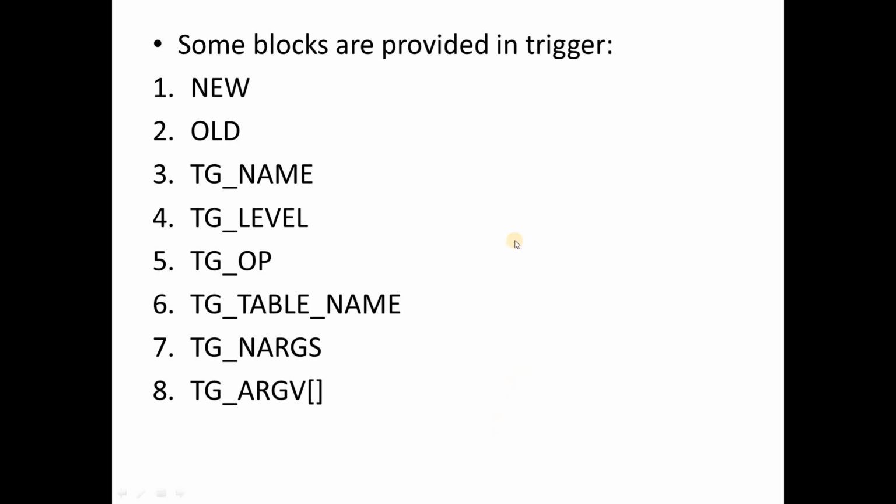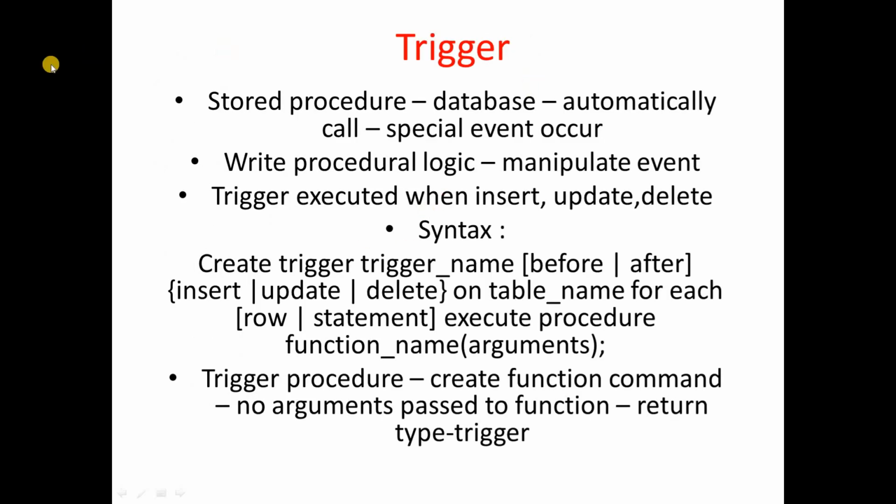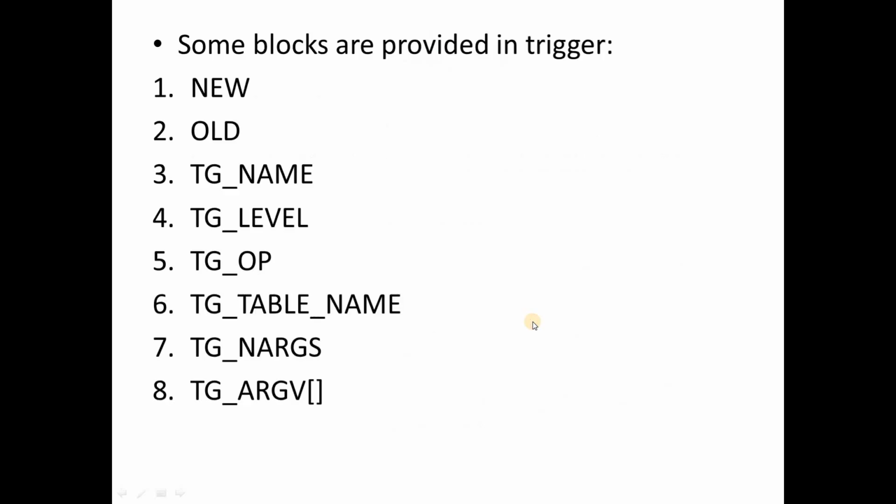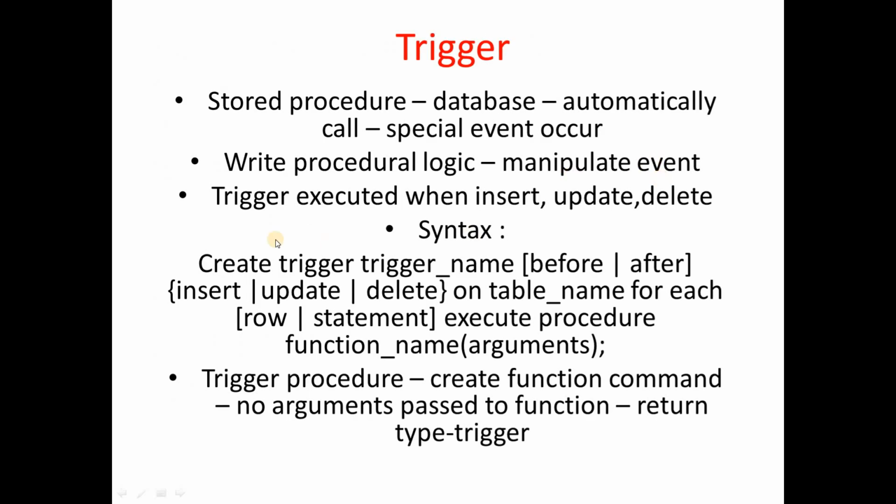So you have to write that stored procedure to hold the procedural logic for your trigger. Whenever you call the trigger, you have specified whether before or after, for which event, on which table the trigger will be applied, and for each row or statement. Then you have to specify the procedural logic, because we fire a trigger, but what is the procedural logic is provided in this function.